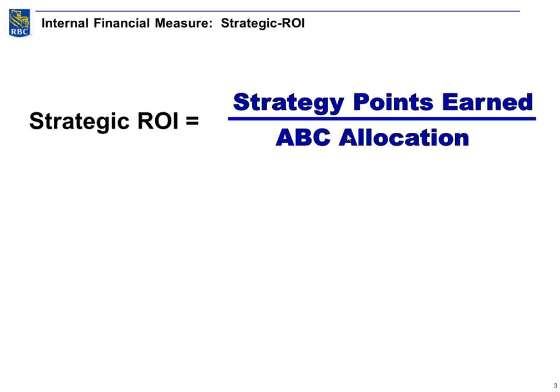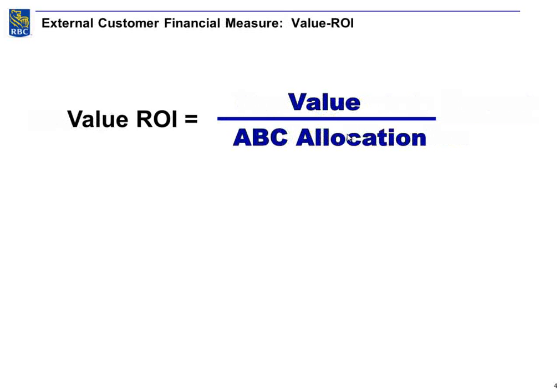But again, that's internal. External, your customers don't care about your internal strategy points. They care about the value you've delivered to them. So we take that value equation we looked at, increase quality or performance, reduce cost or time, and divide that by the cost to achieve that performance improvement, the ABC allocation.